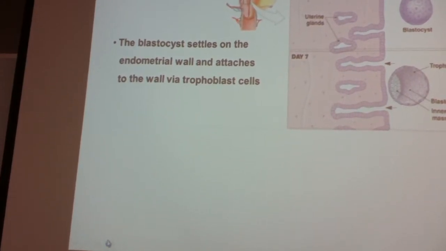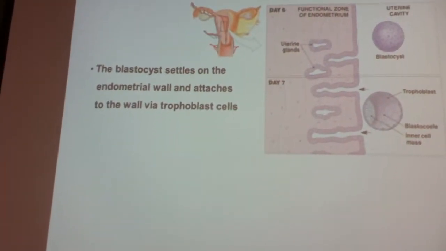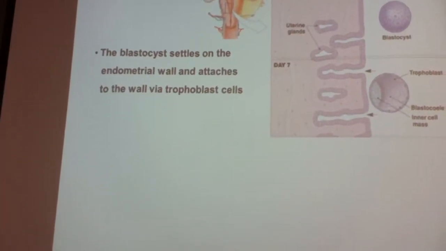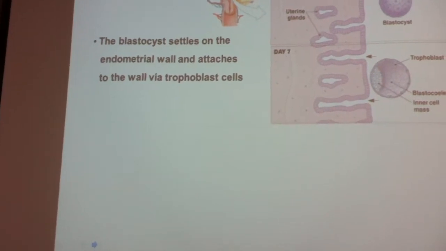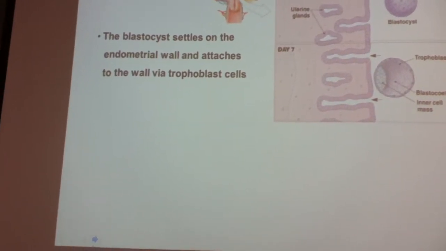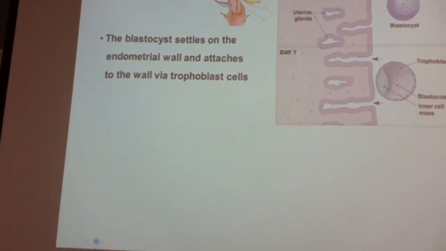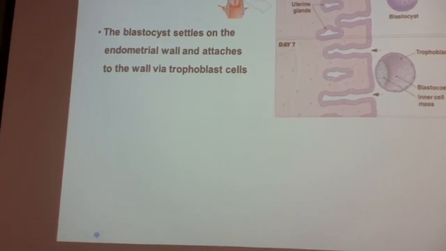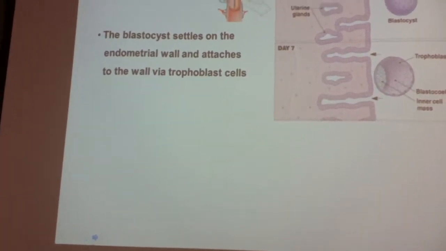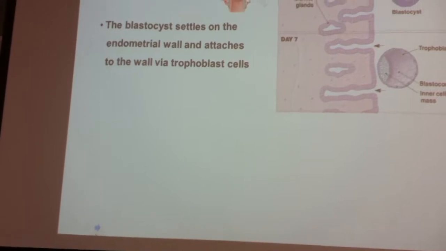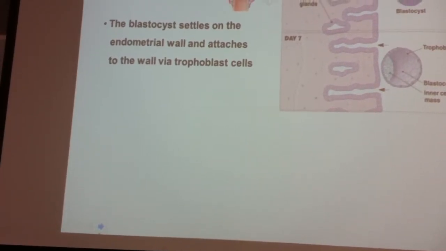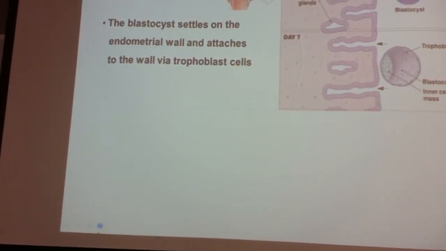So I'm going to draw mine with the lumen up here, all right, to get you oriented. What happens, and let's just do a preview here. So we have the uterus, and I'm not going to draw it in its anatomical position. Here would be the cervix.